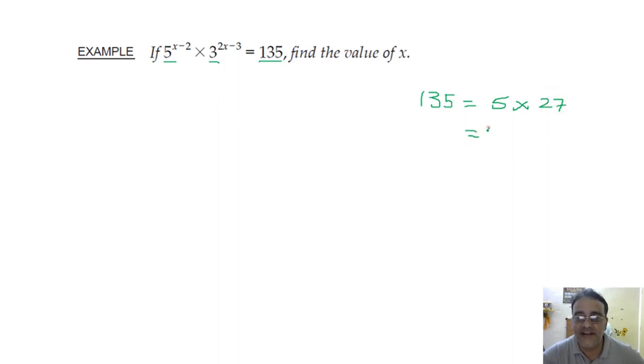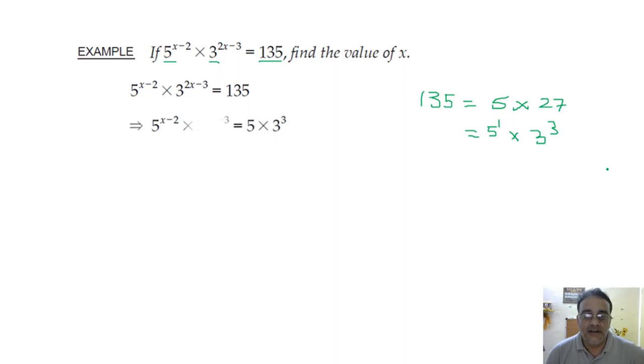That means we can write 5 to the power 1 into 3 to the power 3. Clear? Okay. So we are going to write 135 in terms of 5 to the power 1 into 3 to the power 3. Now on both sides we will compare the power of 5 and compare the power of 3.